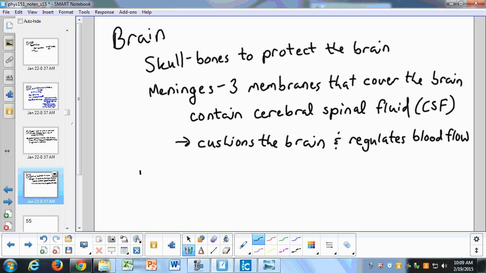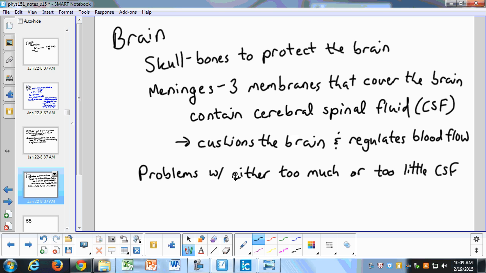You can have problems when you have too much or too little. If you have too much, this is called hydrocephalus, and it can lead to a high intracranial pressure.